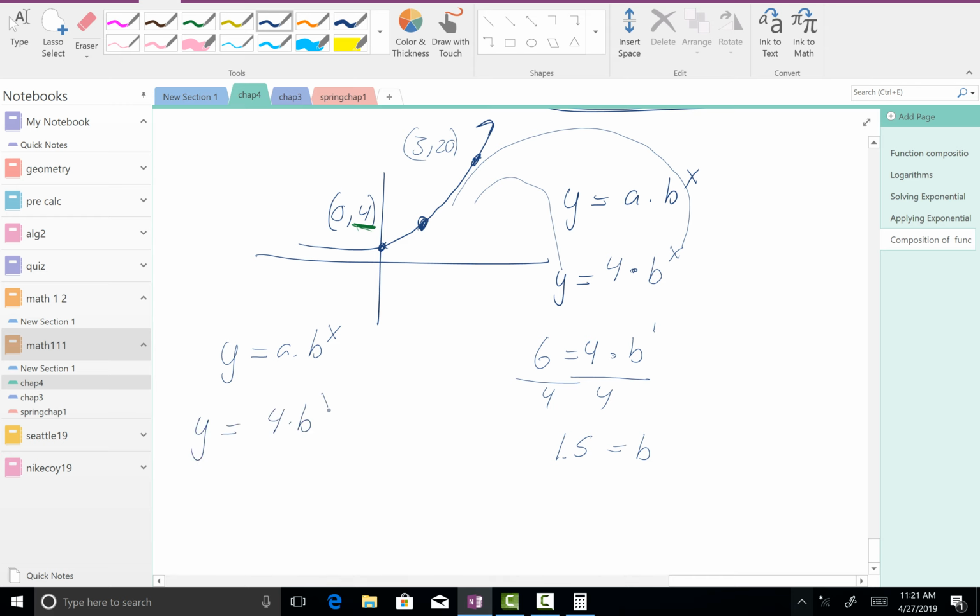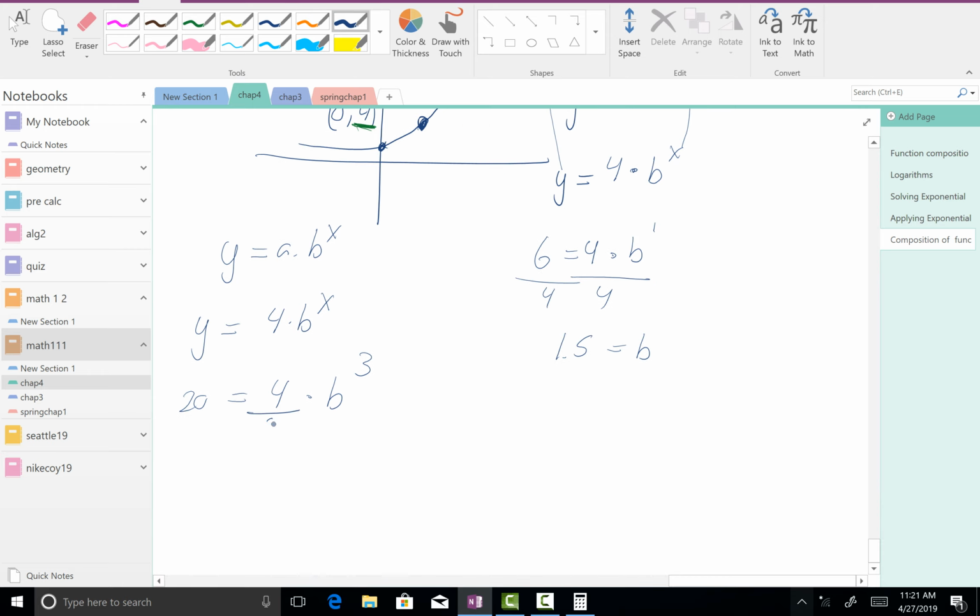But this time, when we put this number in, 20 is going to go there, 4b to the third, because it's coming from here, right? I'm still going to divide by 4. But how would I figure out what b is?